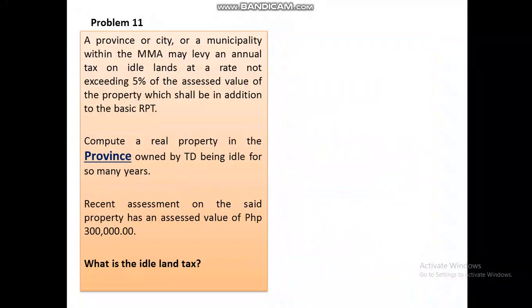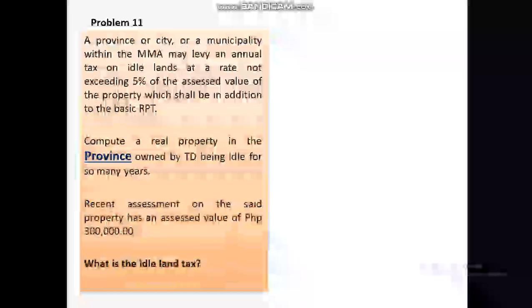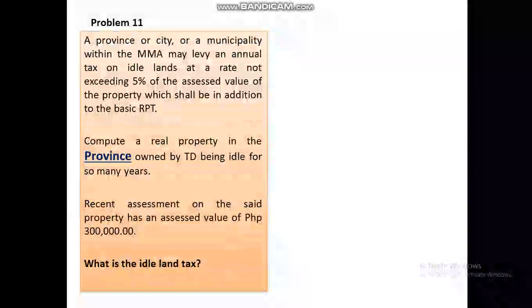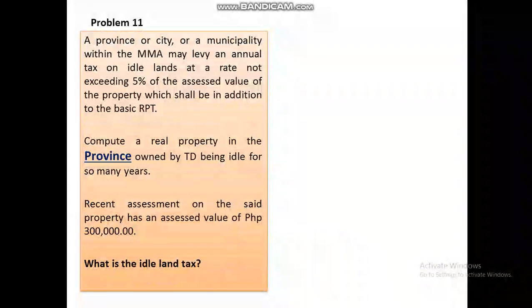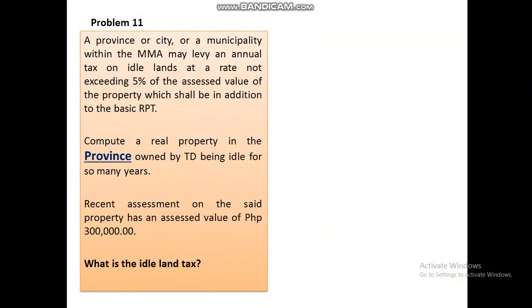How about this 11? We were talking about the idle land tax. Alam natin, pag idle land tax, ang rate po nito from the assessed value is 5%. So, our problem is related to the province, and it happened that it has a 300,000 assessed value. Ang tanong, magkano pa mababayaran pag nasa province po?